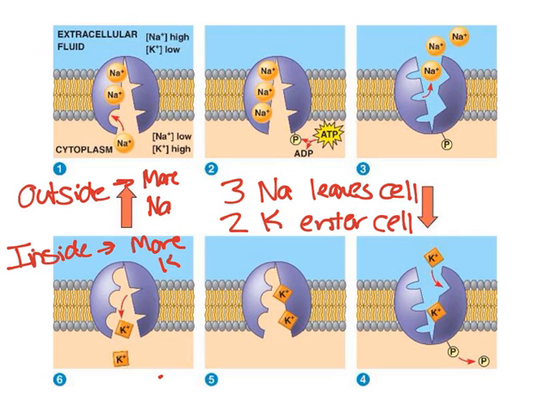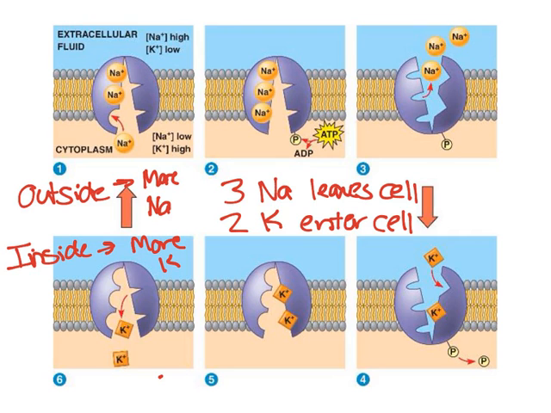And so essentially what's going on is it's keeping the concentration gradient, which means the difference between the concentrations of particles, really high. So there's a lot of sodium outside and a lot of potassium on the inside of the cell.